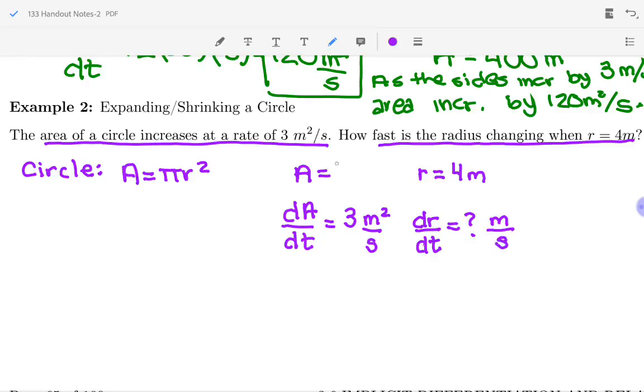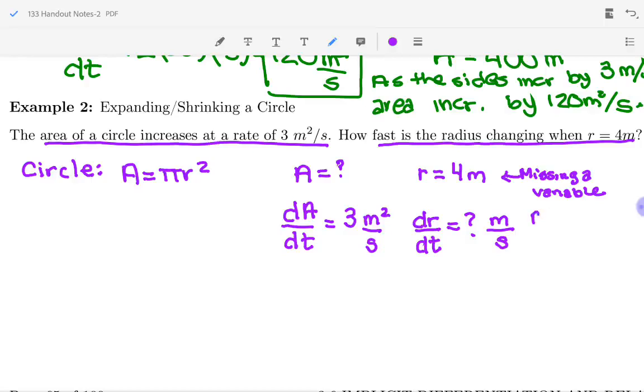I'm missing a variable. I didn't need the variable the last couple times, so I might not plug in to find it, but we could if we wanted to. If you're missing a variable, you plug into the original. If you ever need it, which we might not, because we didn't even use it the last couple times, you plug into the original.